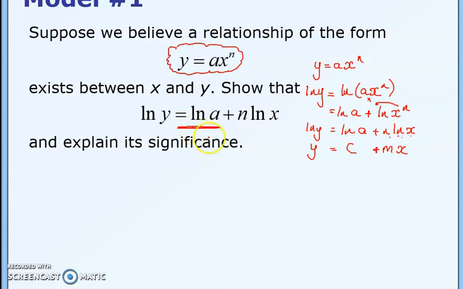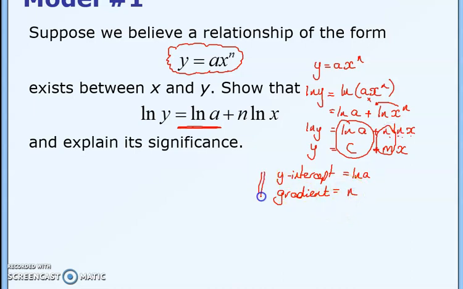But what that tells me is that my y-intercept is equal to log a, and my gradient is equal to n. And it allows me effectively to find the missing things, the a and the n.